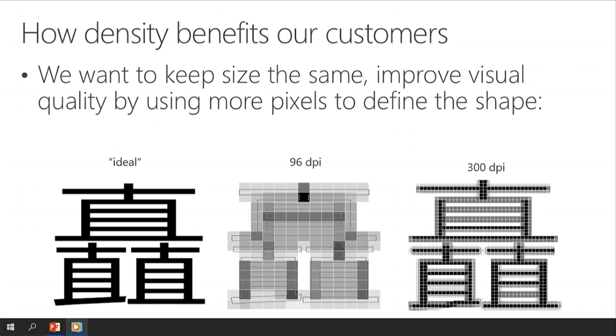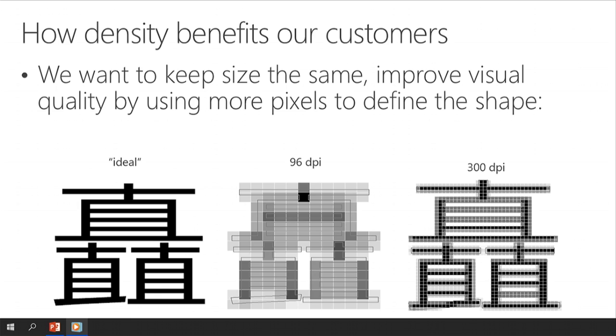Here we have a character which has, I think I counted, on the order of 23 or 24 white and black horizontal bands just to define it. At 11 points on a Windows desktop machine at 96 DPI, you only have 15 pixels to work with vertically, and there's just no way you can bring out that level of detail. Even at 300 DPI, you can see, if you look very closely, that some of the horizontal lines are not defined quite as crisply as others are.